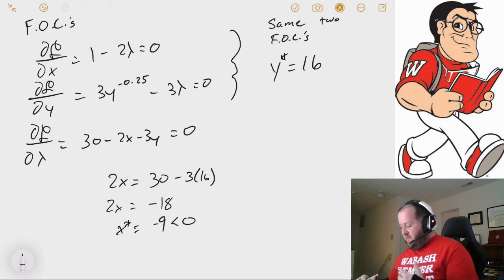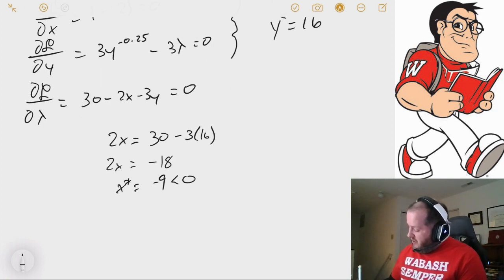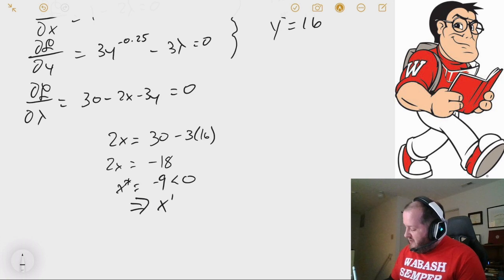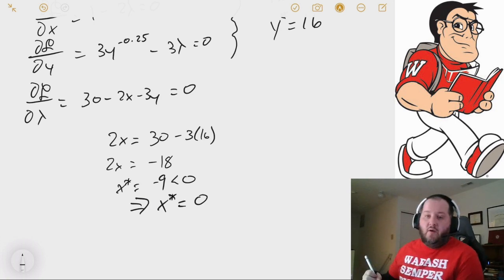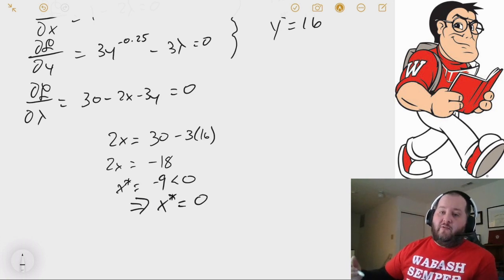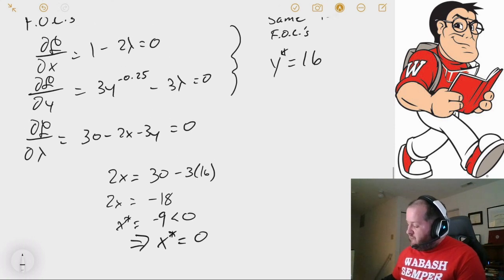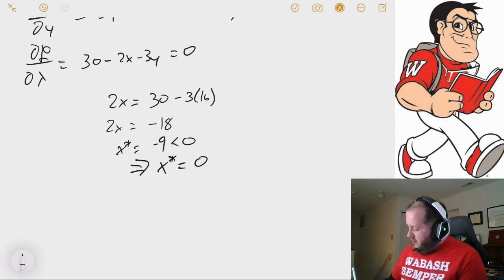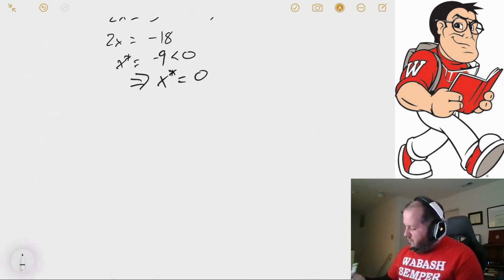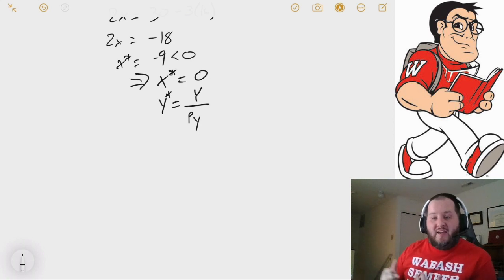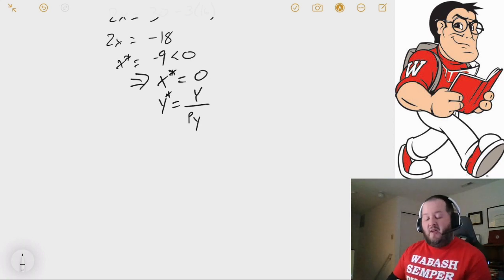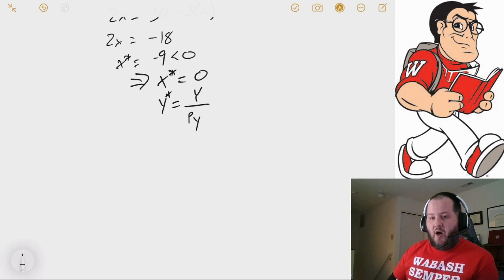And what this means is if our linear term comes out negative, that's going to imply that it's actually equal to 0. We're in a corner solution. We aren't going to consume any of good X at all. But if that comes out at 0, we have to redo our Y. It means that the amount of good Y that we're going to consume is just our income divided by the price of good Y. We're going to spend all of our money on good Y, and buy as much of it as we can.